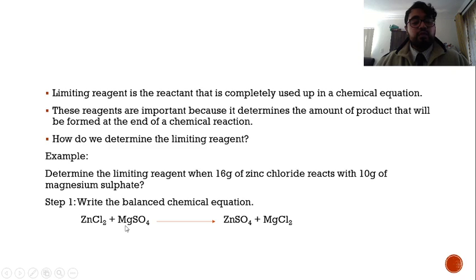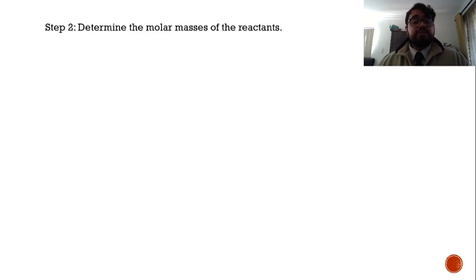We have one magnesium on the reagent side and one magnesium on the product side, and one sulfur on both sides, and four oxygens on the reagent side and four oxygens on the product side. Which is good news, the equation is balanced and we don't have to add any more numbers. Okay, so step 2, determine the molar masses of each of the reactants.